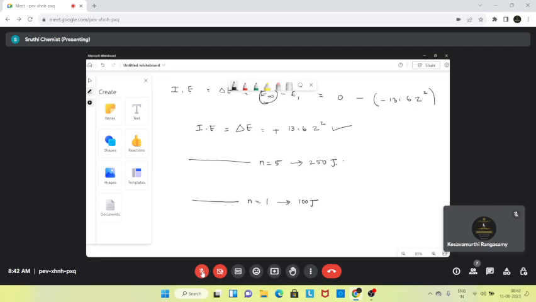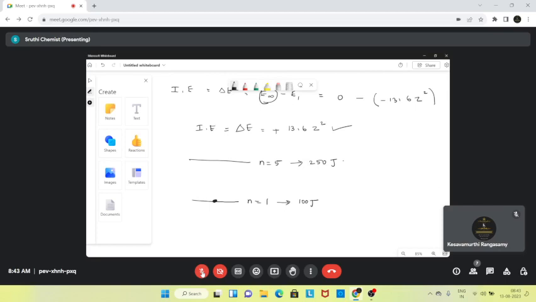You have one electron here, and it has to move to the fifth orbit. How much energy is needed? 150 more joules, ma'am. 150 joules. Super.